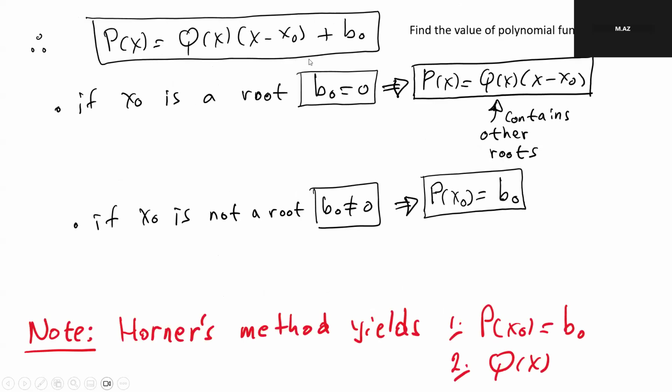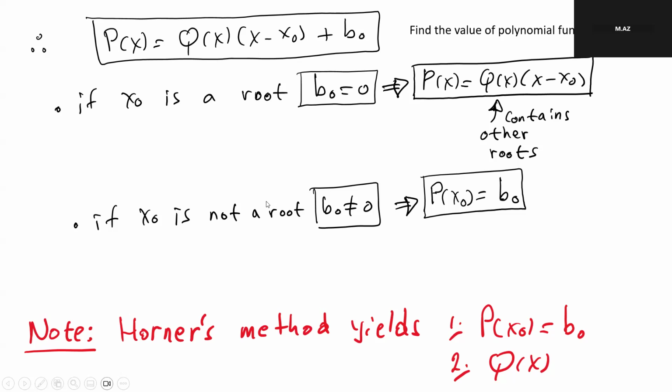And if we are trying to find the value of the polynomial function at x naught, and we apply Horner's method, if the remainder of the algorithm becomes 0, it means x naught is one of the roots of this polynomial function, and we can say the quotient contains the other roots.